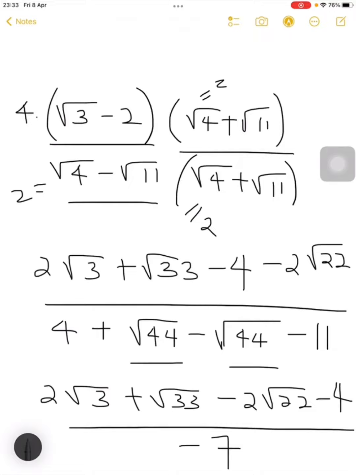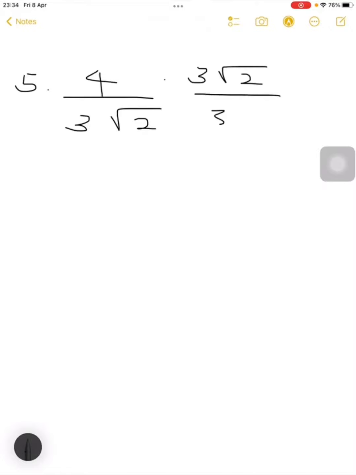Alright, okay, then example number 5. We have 4 all over 3 root 2. In the denominator we just have one term, so we are going to multiply both numerator and denominator by just that one term. So we'll multiply by 3 root 2 all over 3 root 2. 4 multiplied by 3 is 12 root 2 all over 3 multiplied by 3 is 9.